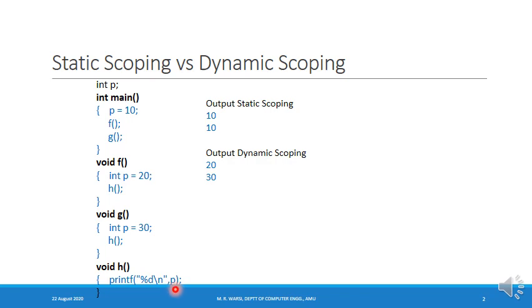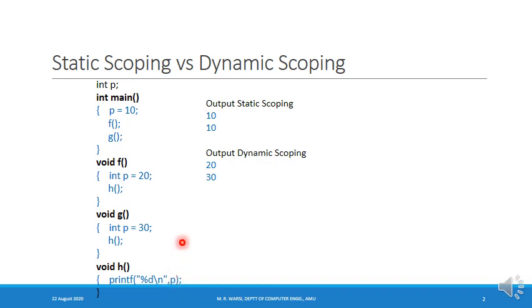If it is not found there, then it will be searched in the global scope. When I refer to the variable p in the function h, there is no local definition of p in the function h. So this reference of p binds to the global definition of p. So that means in the function h, this will be printing the global variable p.